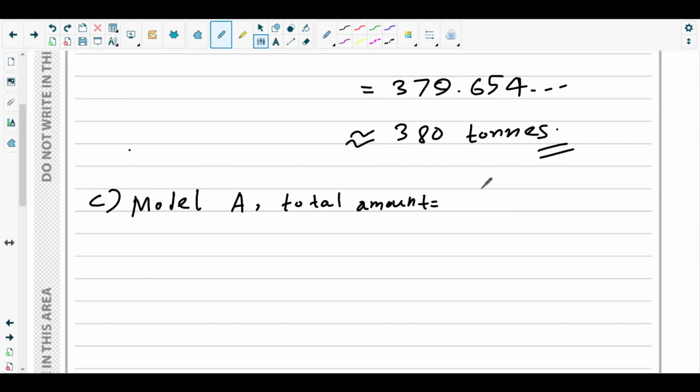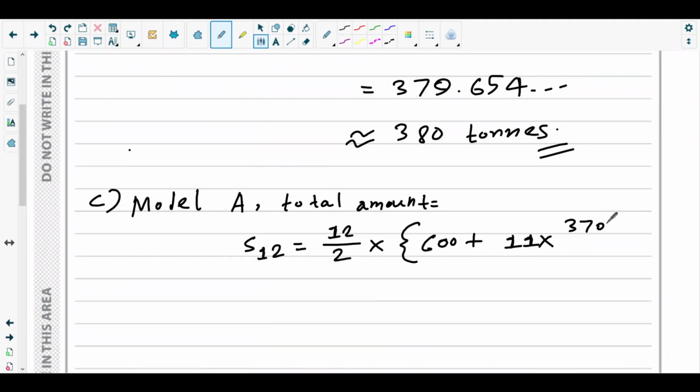Model A is an arithmetic progression. So in that case, what's the formula for summation of first 12 terms? This is what? S of 12 equals n over 2 times what? Twice of A, which is 600, twice of A plus n minus 1 times D. D was 3700 over 11 as far as I remember from the previous parts.